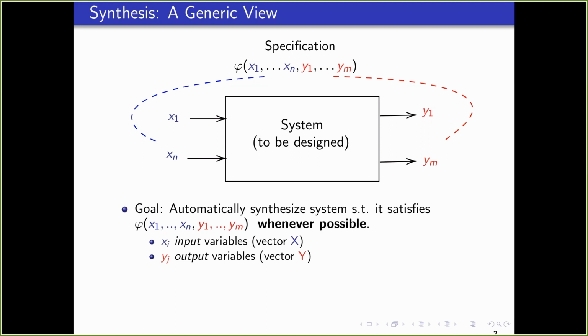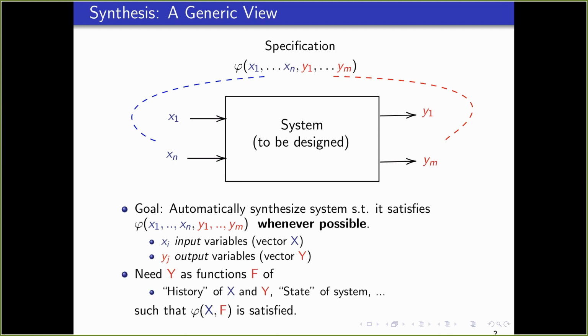And of course, we will see that sometimes the specification phi may be given in a way that it is not always possible to satisfy it, and I'm going to define precisely what this means. So our goal would be to synthesize the system whenever it is possible. Effectively, what we are saying is that we want y's as functions of possibly the history of the values of x and y, which could be summarized in the state of the system.